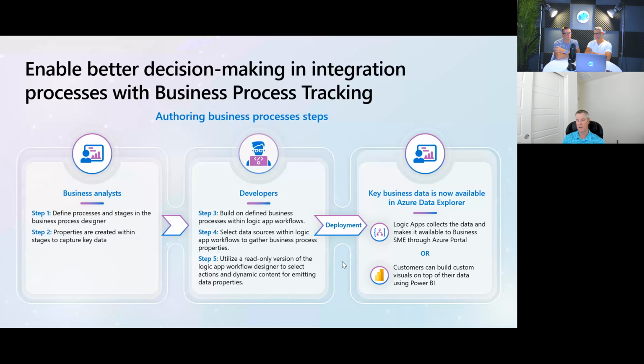Then, with our business process defined, we can bring in the developers in a fusion development type manner and have the developers perform that technical mapping between those conceptual stages and the actual implementation itself.